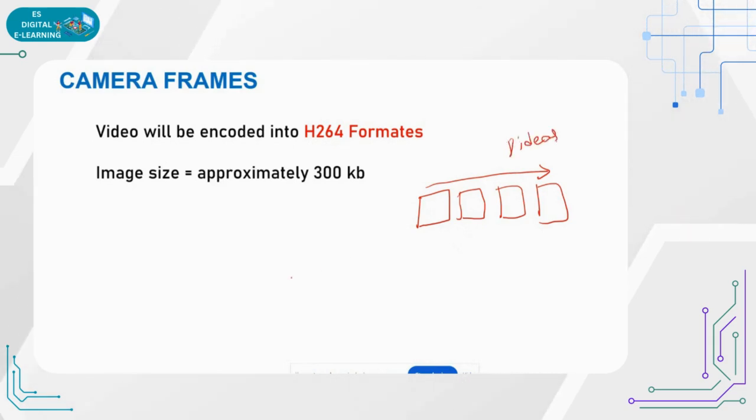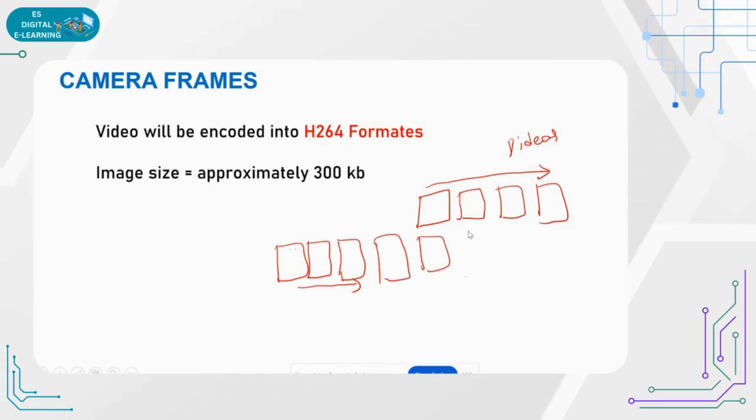The videos, whatever the movies or anything digital, all will be captured in the form of images, and when played, the images will be in an order, one after another, played back. So mostly you can see these images as a video.